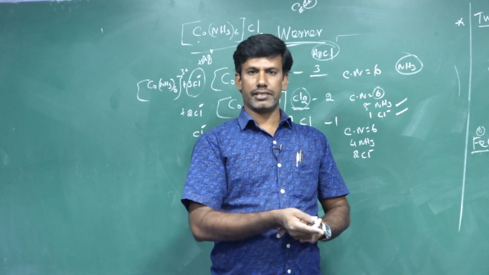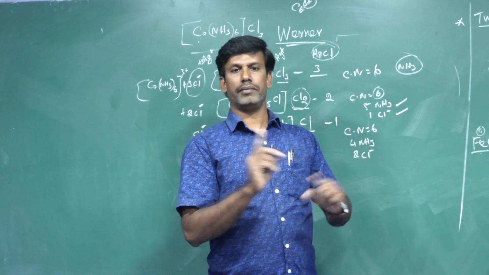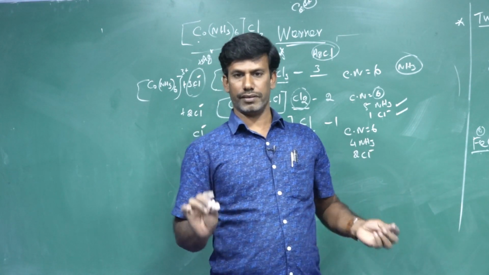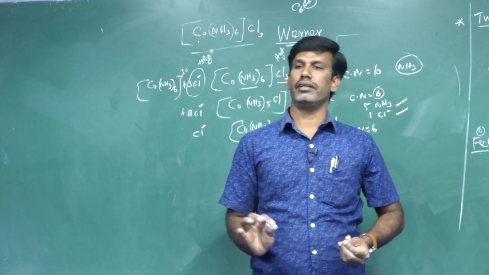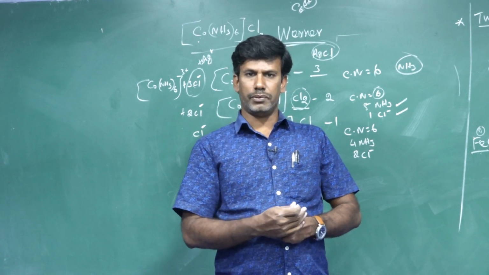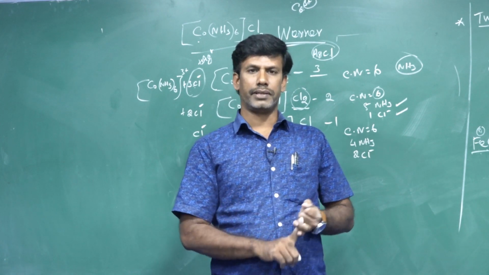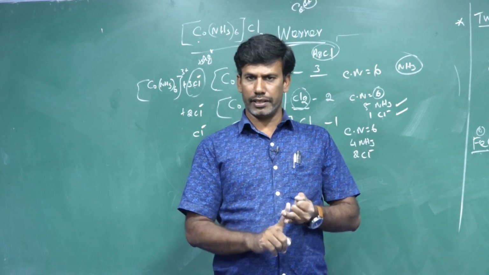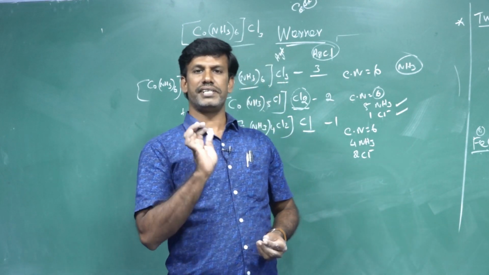The second sphere is called the ionization sphere or outer sphere, with the primary valency, non-directional. What is the limitation? Let us move on to the limitation of Werner theory. It explains the formation of compounds, but it does not explain the color and magnetic property of the compound properly. That is the limitation of Werner theory.